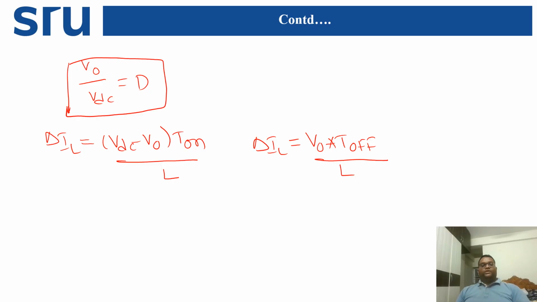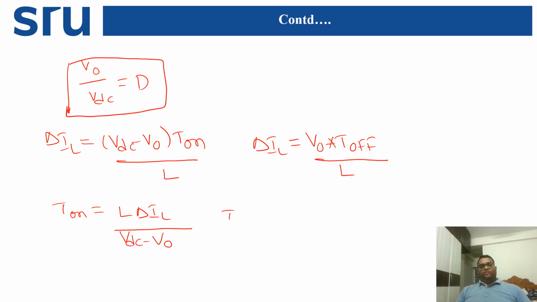First we will take both the sides. What is T on? What is T off? Once we know that, only then can we derive the fundamental things we have observed. T on is equal to L into delta IL divided by VDC minus V naught.